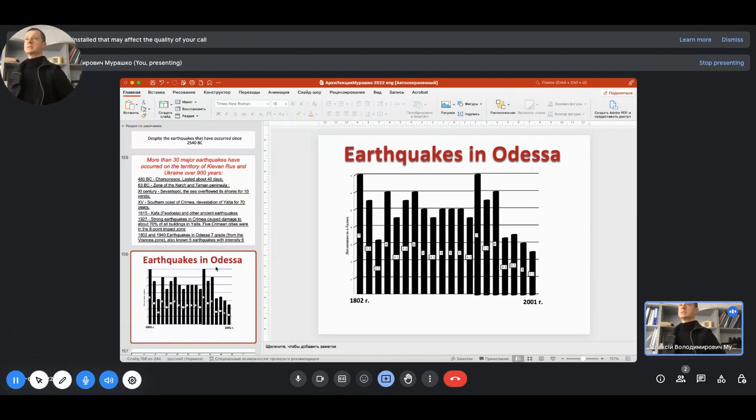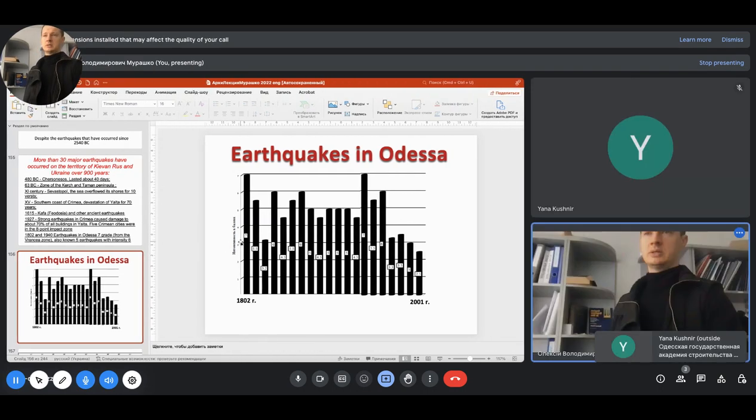So the next earthquakes that we have to discuss are the Odessa earthquakes. As I told previously, we had two earthquakes with intensity 7, five earthquakes with intensity 6, and earthquakes with intensity 5.